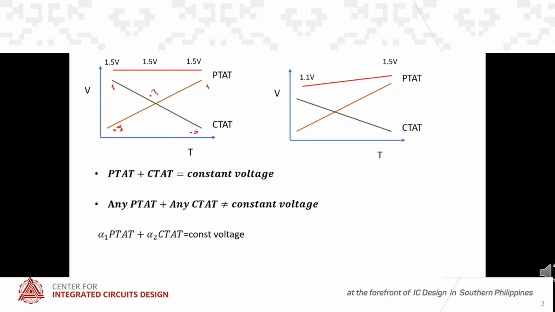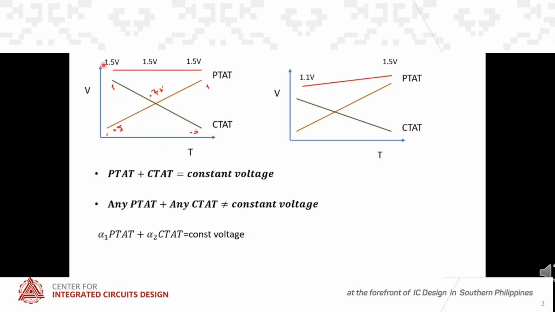And for the CTAT, 1 volt is the highest and the minimum is 0.5. And the average is 0.75. That is for example. So what we do is to add them together. So we have a CTAT here and a PTAT here.